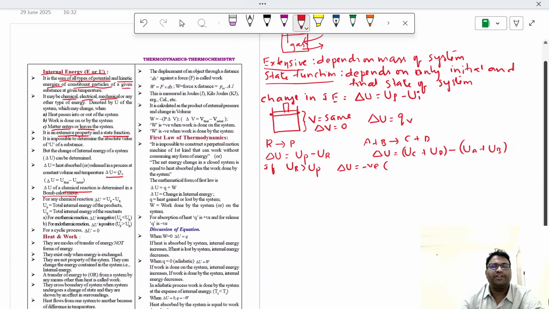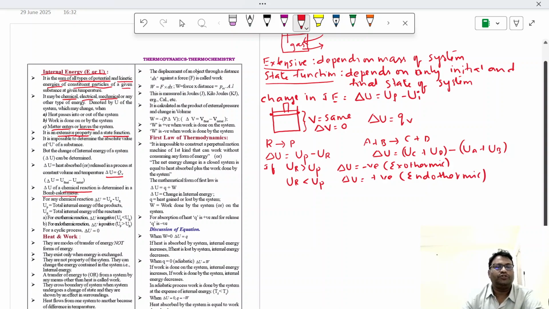If it is negative, it is understood that it is an exothermic reaction, an exothermic process. If the internal energy of the reactants is less than that of the products, then delta U will be positive, and that represents an endothermic process.